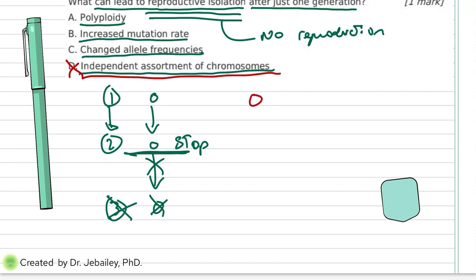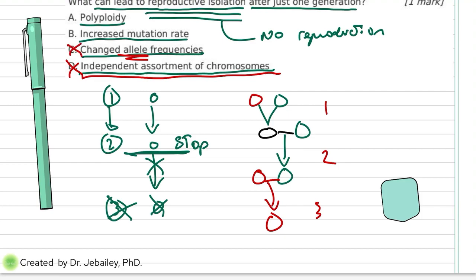So you can change the allele frequency all the time, and it still doesn't matter. You are still producing and passing on generations as you go, so it's not this.